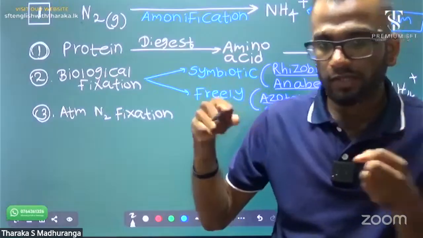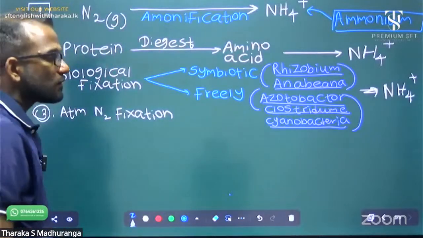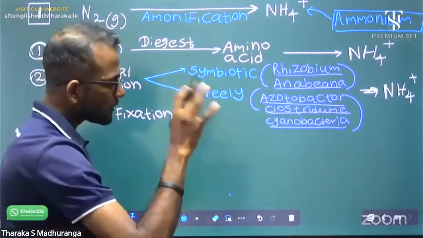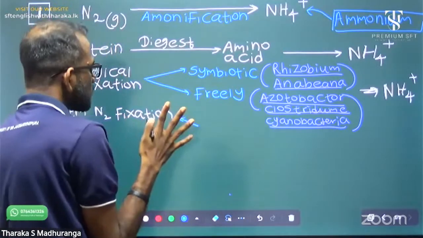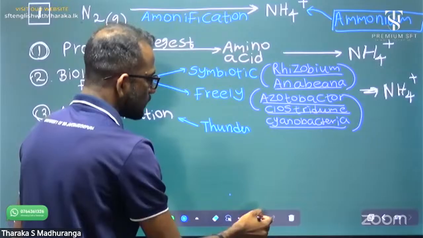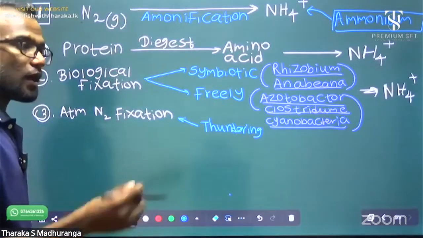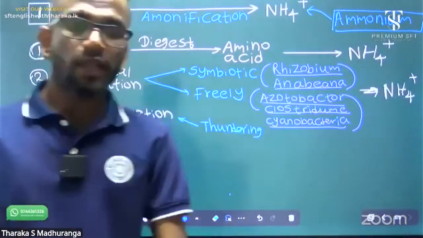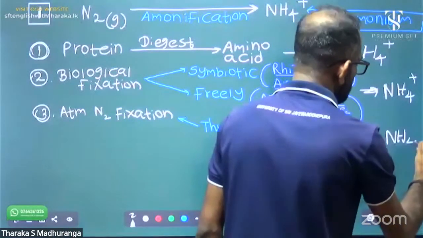No microorganism is involved, it is not part of this lesson, but in the next lesson we need to discuss it. In thundering, nitrogen breaks down and is fixed in the soil as ammonia. Finally it produces ammonia, NH4 ions.